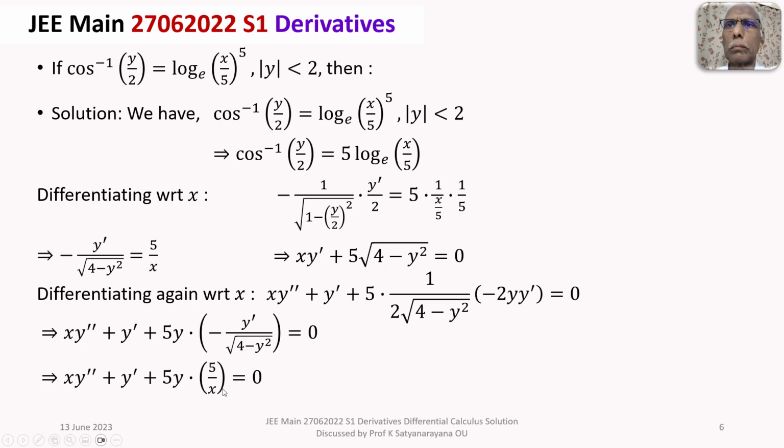Now take the LCM. You will get x square y double prime plus xy prime plus 25y, not xy, 25y. So you will get x square y double prime plus xy prime plus 25y is equal to 0.